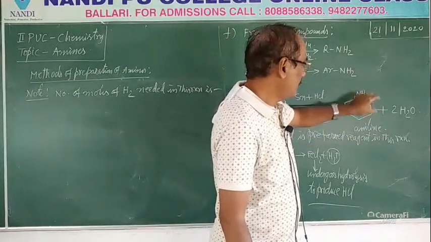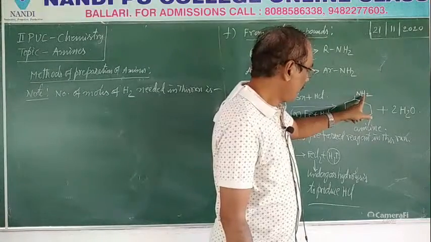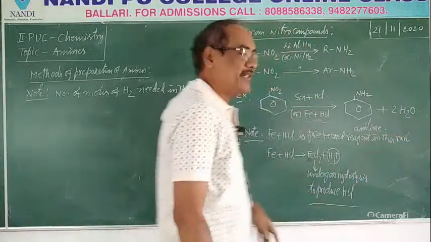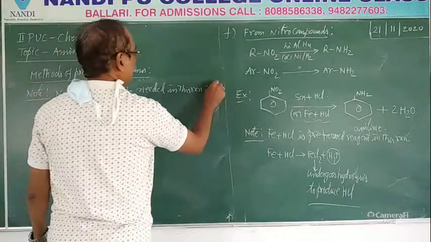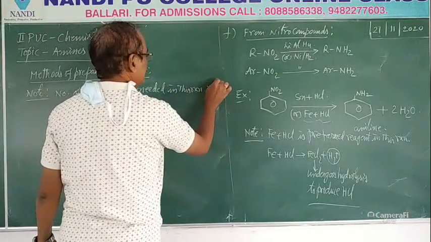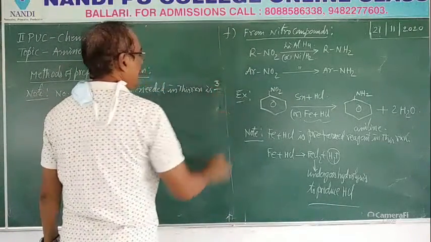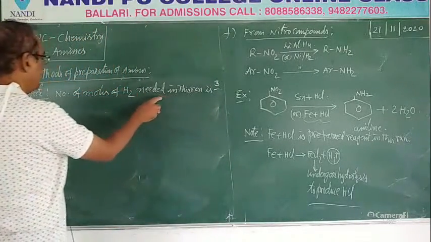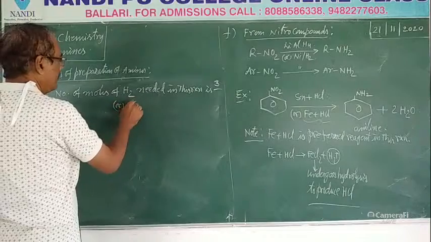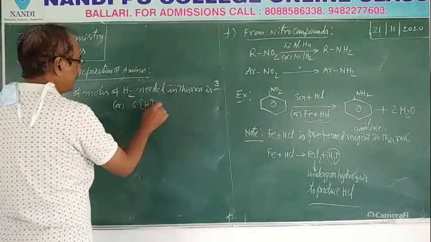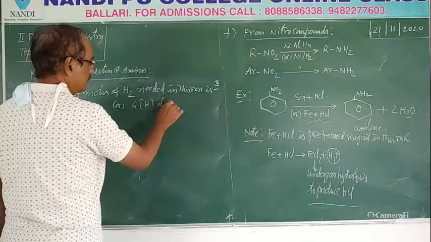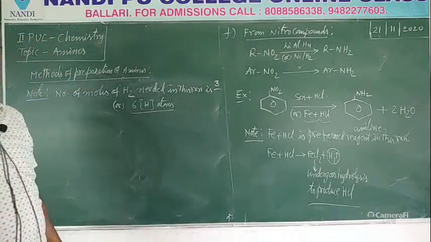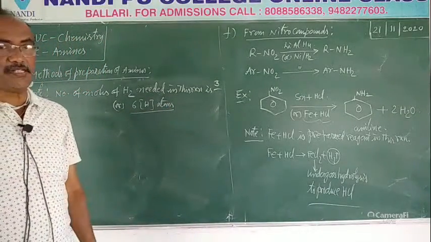So in total, 3 moles of hydrogen are needed, that is 6 hydrogen atoms. 6 nascent hydrogen atoms are needed for this conversion.